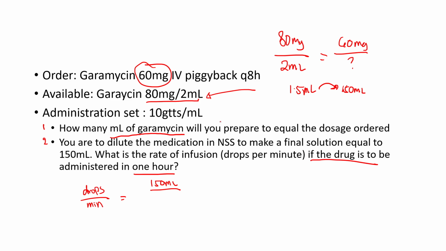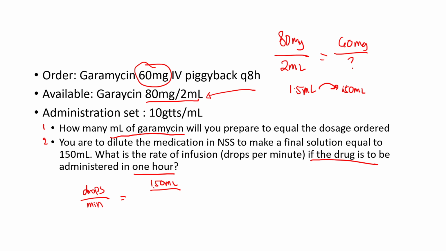Do we need to compute for the concentration? Not necessarily, for the reason that you're going to deplete the bag anyway. If you dilute 60 milligrams to 150 ml and deplete the whole 150 ml, you will still receive 60 milligrams.